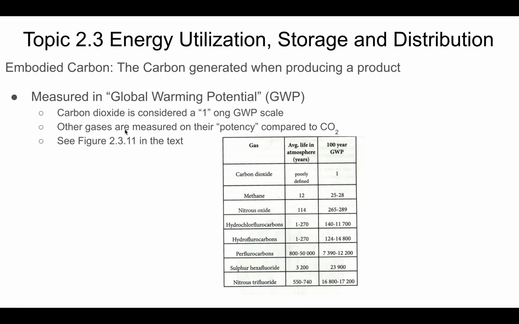Okay, so carbon dioxide is considered a 1 on this GWP scale, and that stands for global warming potential. So what is the potential of any particular gas for causing global warming? You can see that carbon dioxide is considered a 1.